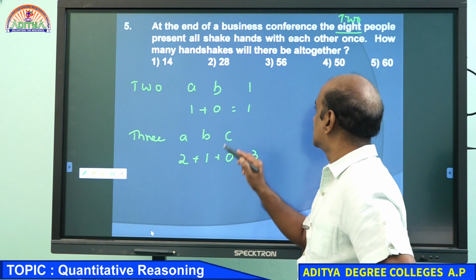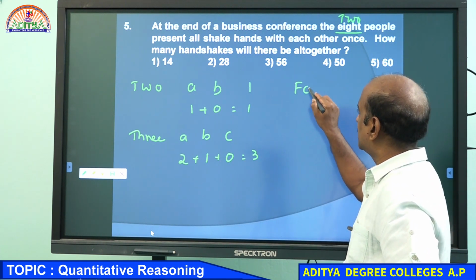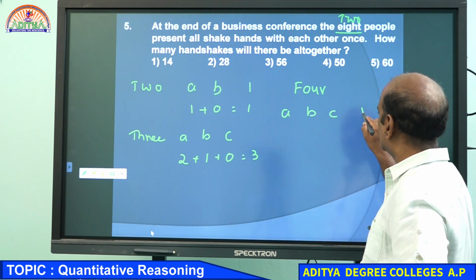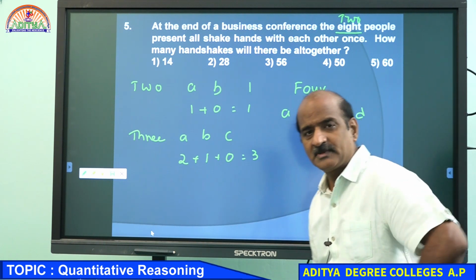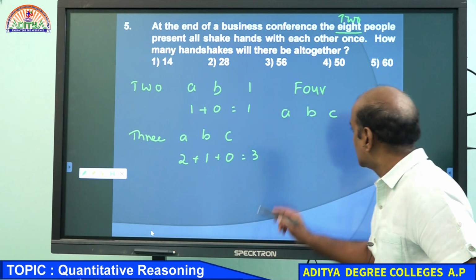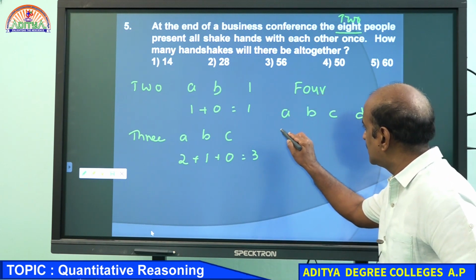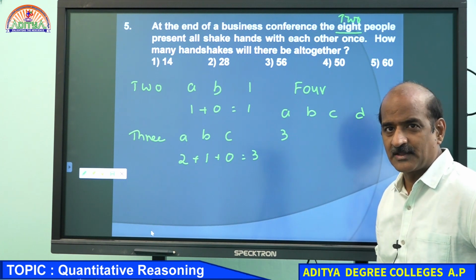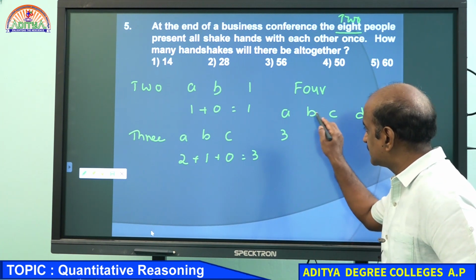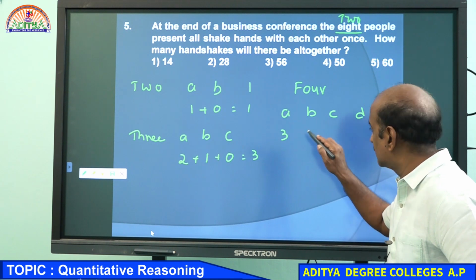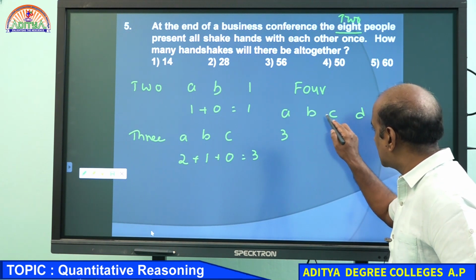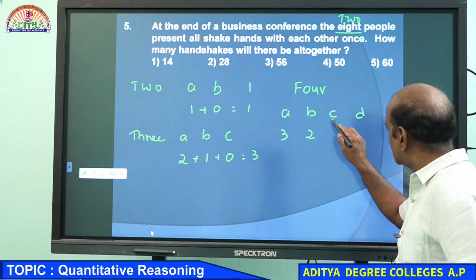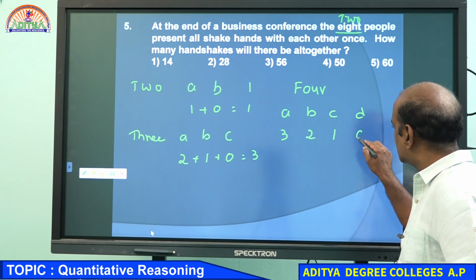3 shake hands. And for example, if there are 4 people present, A, B, C and D, how many shake hands are possible? Tell me. A shakes hands with B, C and D, therefore 3. B, of course, with A was already counted, B shakes hands with C and D, and C with D, D 0.